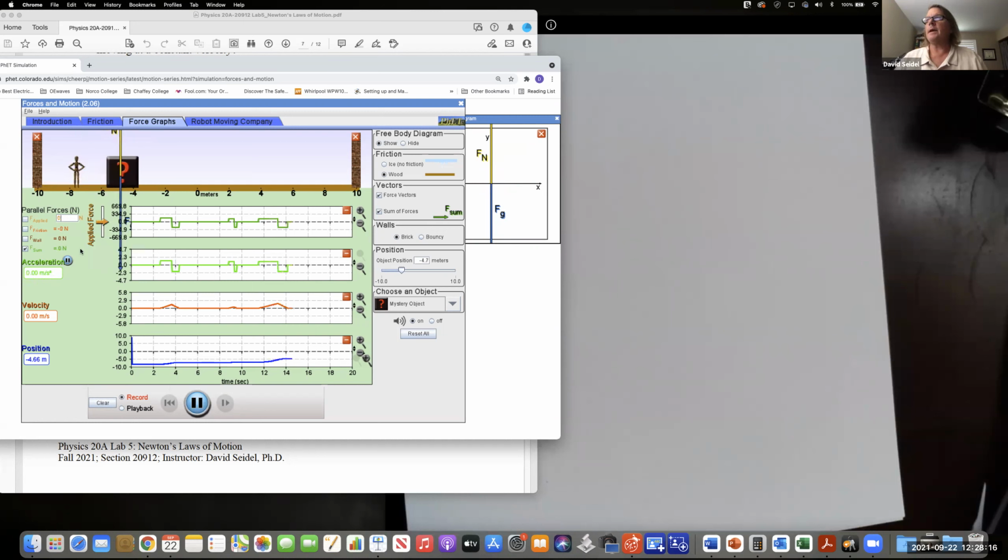Comes to a stop again. 363. Too much. 0 again. Comes to a stop, 362.